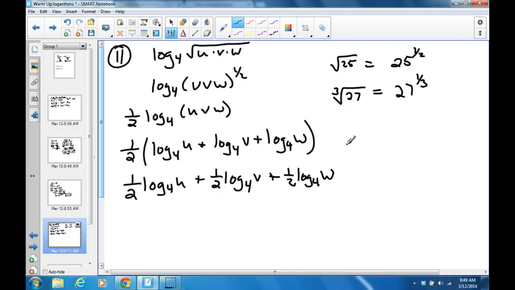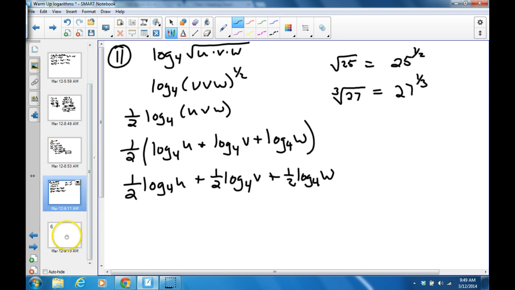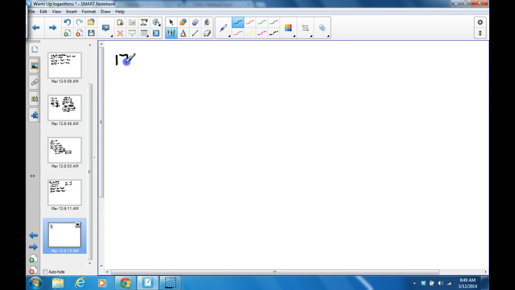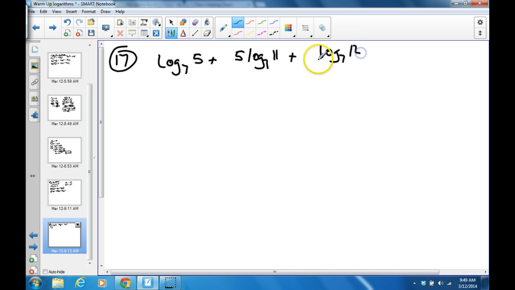On the next page, if you flip your sheets over, I want to look at number 17. 17 looks like a beast. It's not as bad as it looks. Log base 7 of 5 plus 5 log base 7 of 11 plus log base 7 of 12 divided by 2.